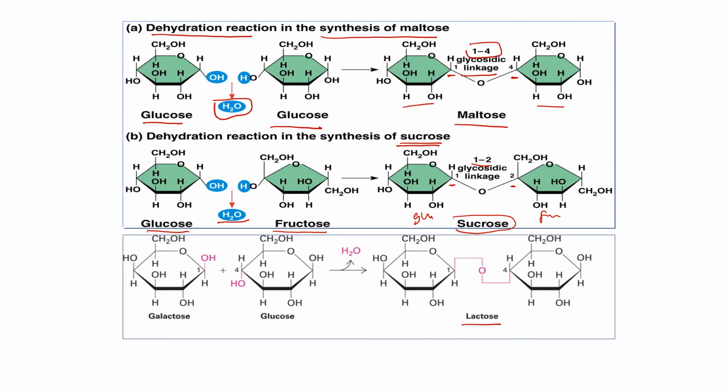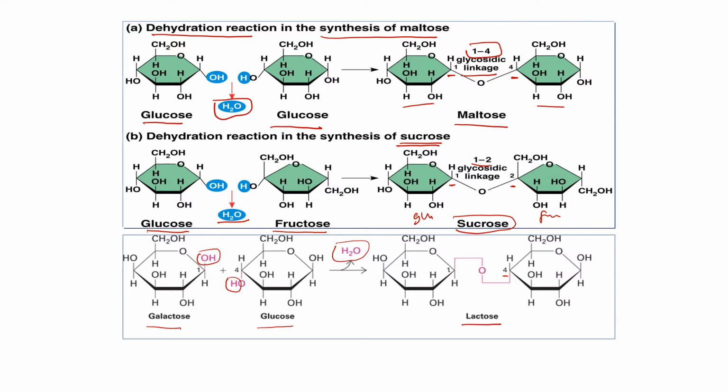And then for the formation of lactose, the monomers are galactose and also glucose. And then again, because it involves the removal of a water molecule, a hydroxyl and also a hydrogen atom, a water molecule is removed. So the bond forms between carbon number 1 and carbon number 4 of the galactose and glucose molecules.